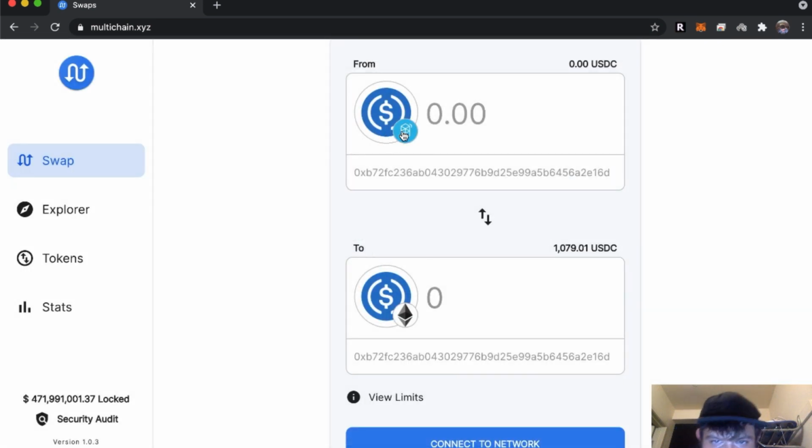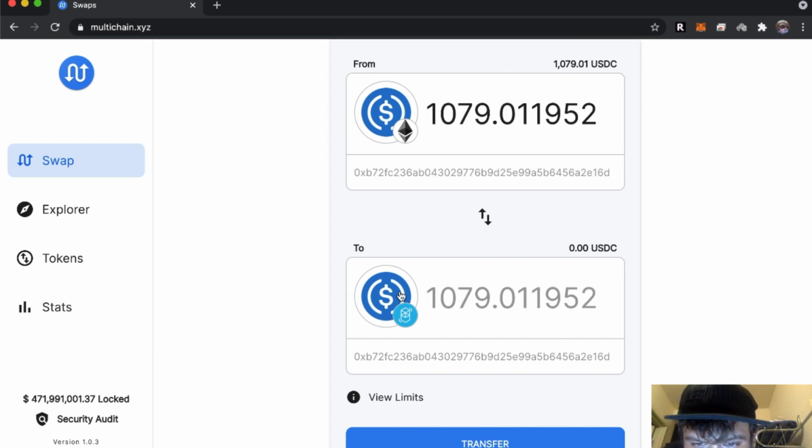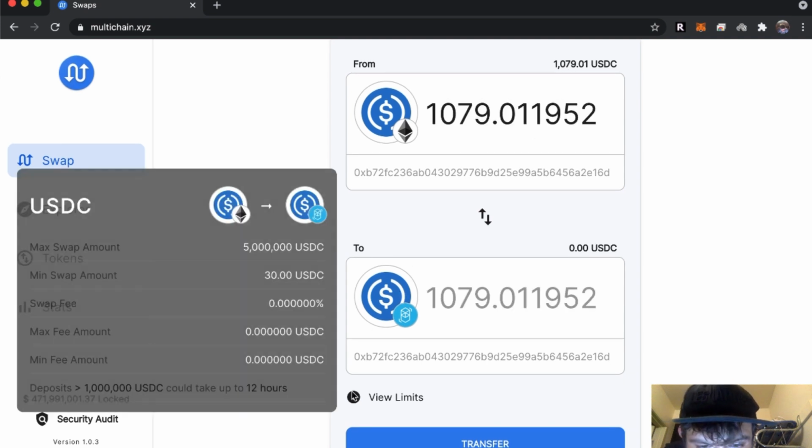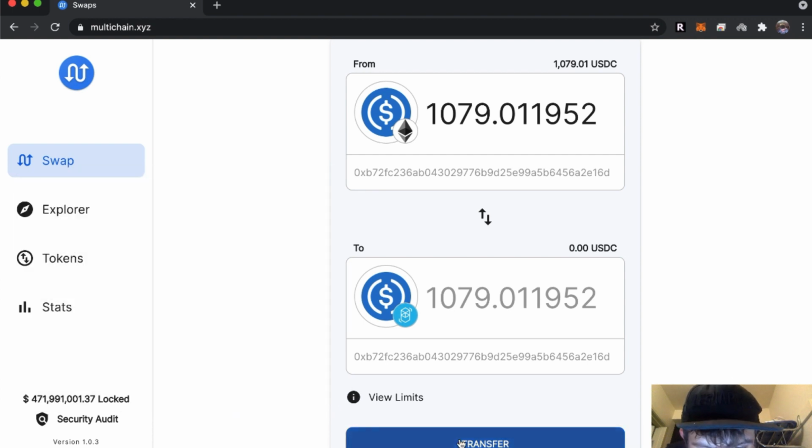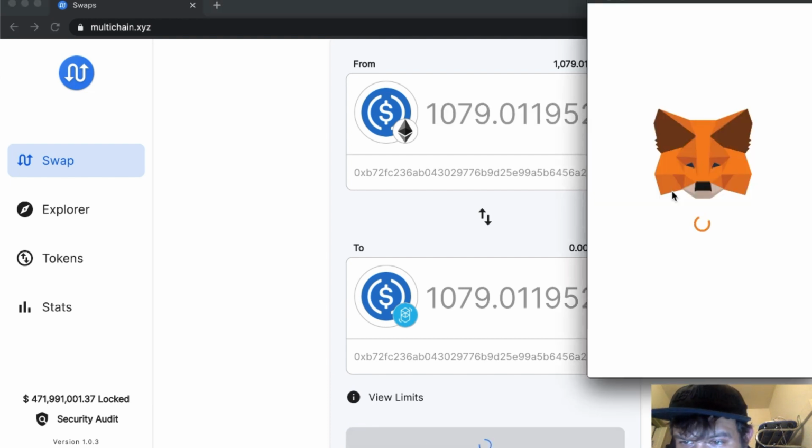So I generally have done it where I select it up top and then I swap over. Now, let's look at our limits. Our swap fee is going to be 0. So let's see what our gas fee is.